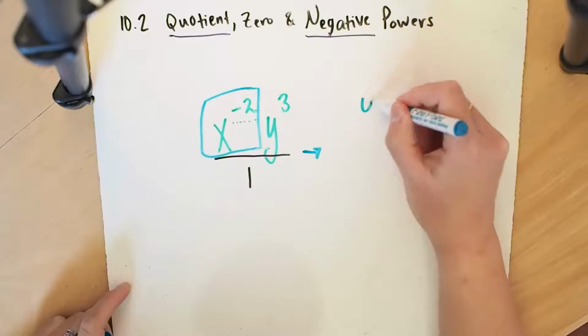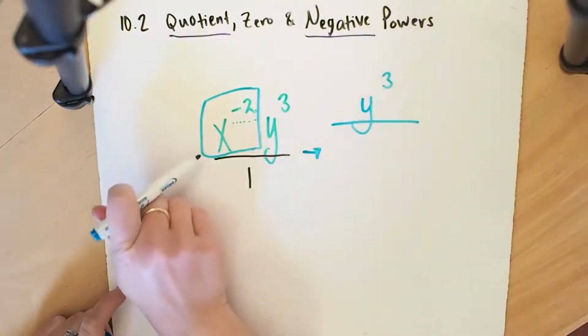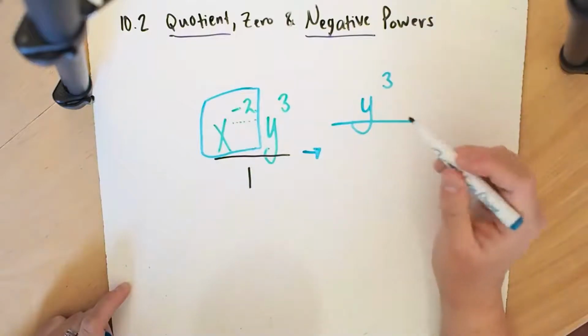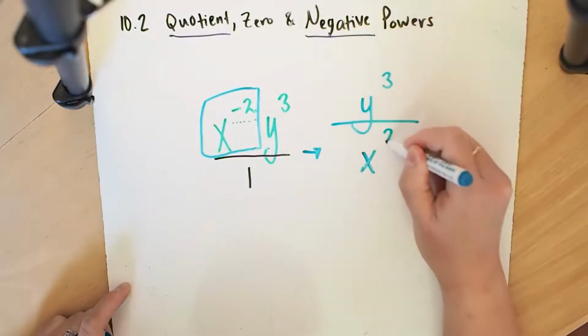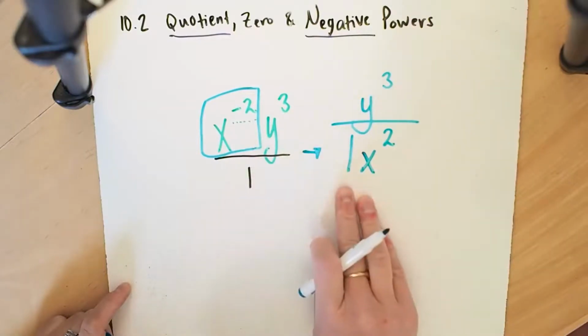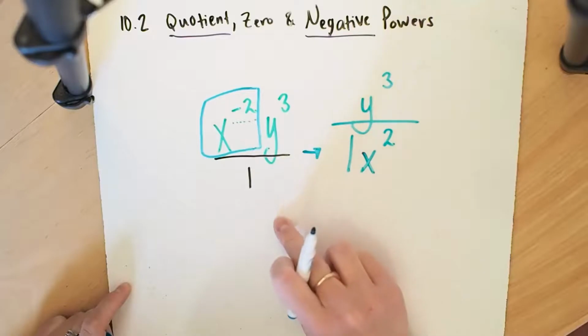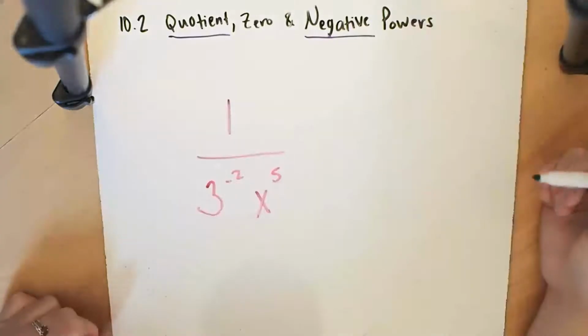It jumps, and I have y to the 3rd, which doesn't change, but now this jumps down into the denominator. It's going to change whatever side of the bar that it's on, and it will go down here and become x squared in the denominator. Now, I rewrote the 1 here, but now that you have something else in the denominator, you can actually just go ahead and erase that 1. It just goes away.